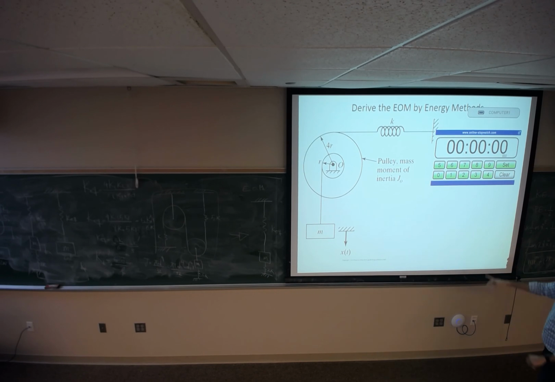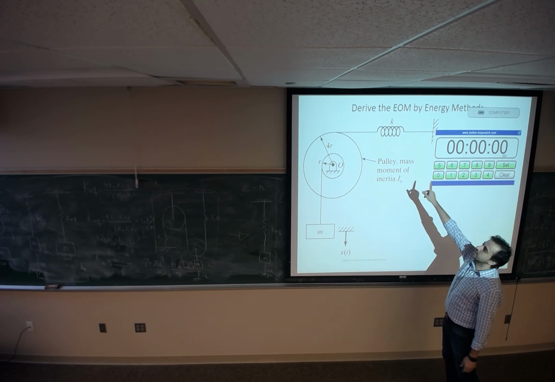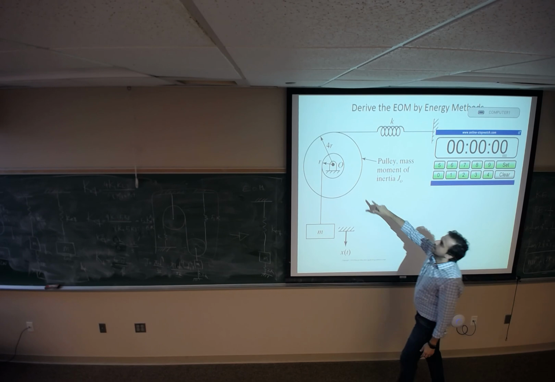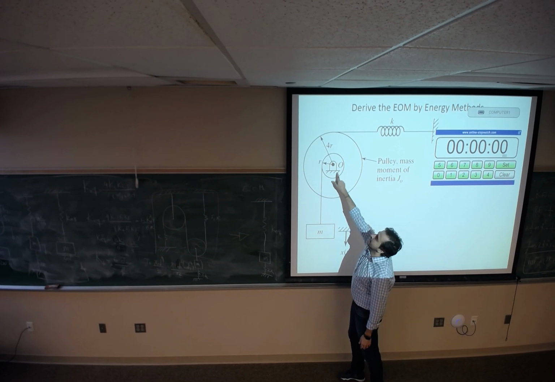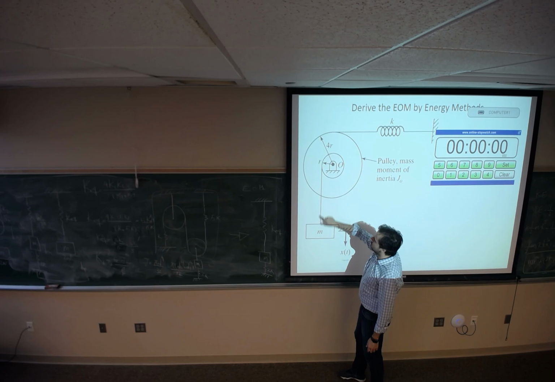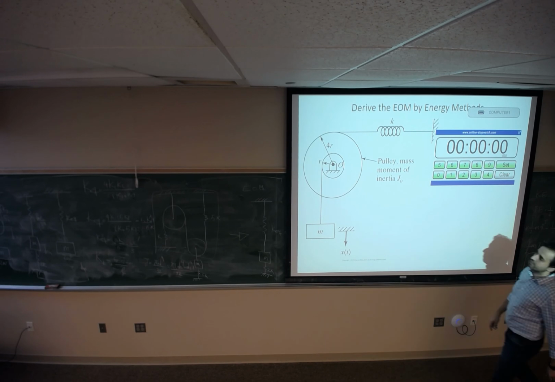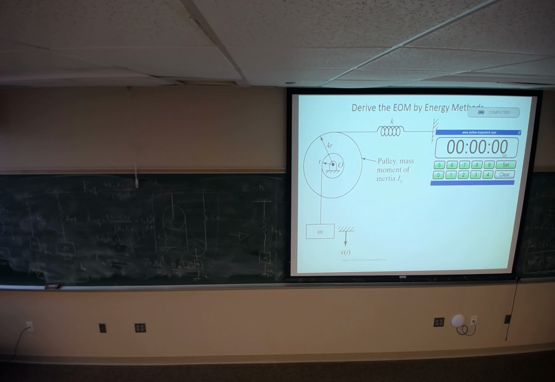This pulley has been connected to the stiffness K at the outer radius of 4R, and at the inner radius of the pulley we have the mass M connected. We would like to derive the equation of motion for this system. Even if I didn't specify it, the energy method is going to be the easiest way to derive the equation of motion.